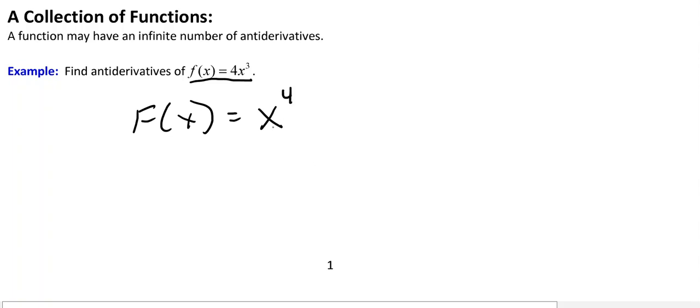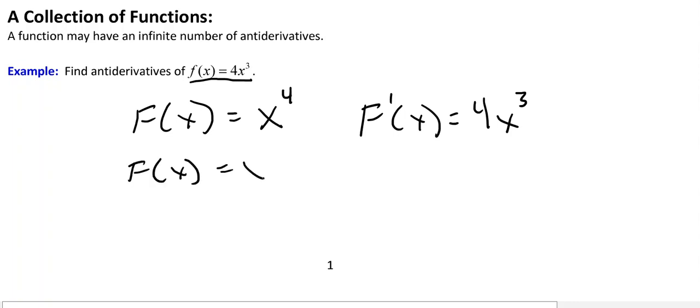We would say that this was the antiderivative because the derivative of this is equal to 4x cubed. But there's a little bit of a problem. Why couldn't my antiderivative be x to the fourth plus, let's say, 1? Because the derivative of this is also 4x cubed.